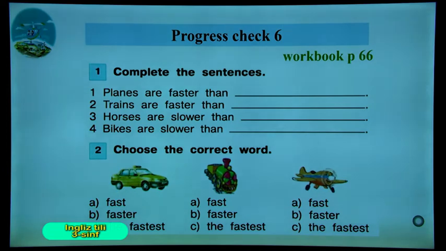Task 2. Choose the correct word. Ikkinchi mashqimizda o'quvchilar to'g'ri so'zlarni tanlashimiz kerak bo'ladi. So, look here. Here you can see a car or a taxi, a train, and a plane. And you have to choose one of them. For example, a car. Is it fast transport or faster or the fastest?